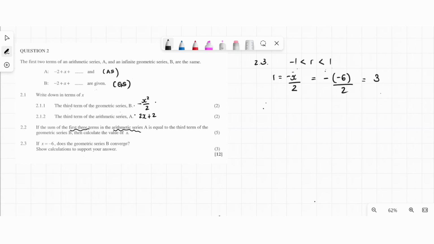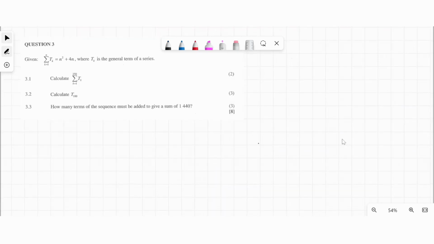No. So therefore, right, the geometric series does not converge. Then we're done with question 2. So now let's do question 3.